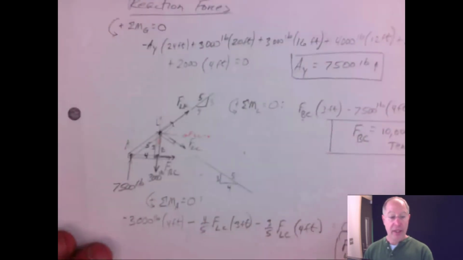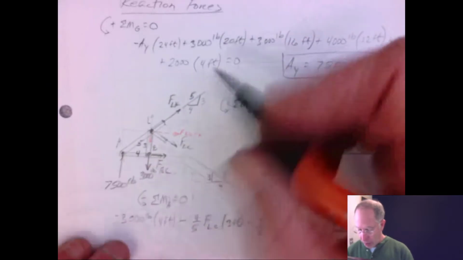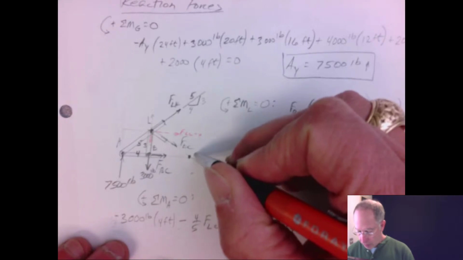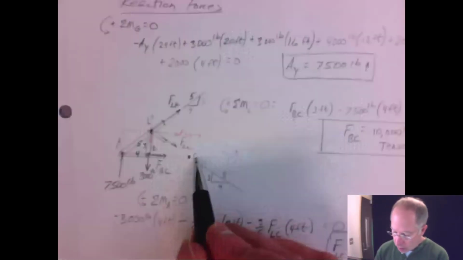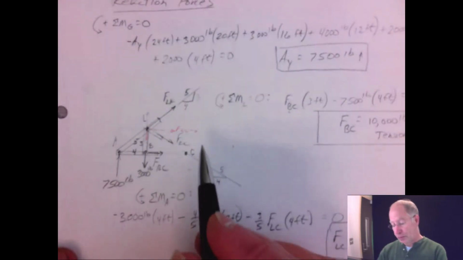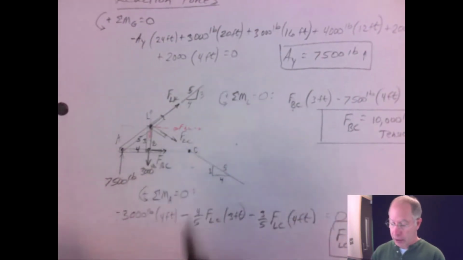It's on our truss, but it's not really on our section, but it is out here along about right here. Here's point C. Well, you can sum moments through any point that's on the truss, whether or not it lies on your section.